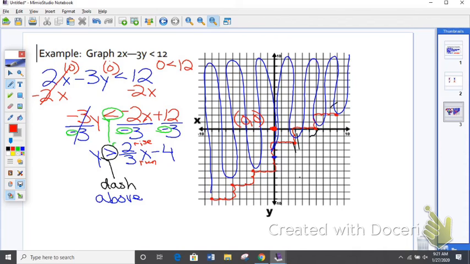So when we have this graph, our x and y axes divide that into 4 sections. It starts in the upper right-hand section, which is quadrant 1, and they use Roman numerals. Then it goes counterclockwise. So we have quadrant 2, quadrant 3, and quadrant 4.